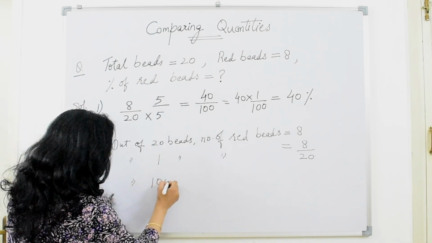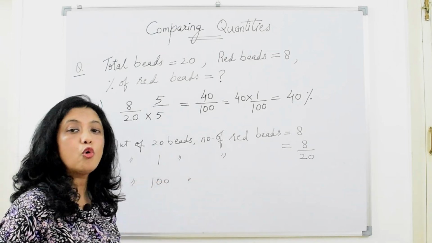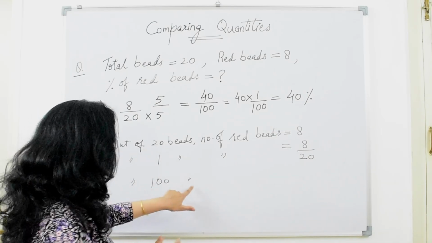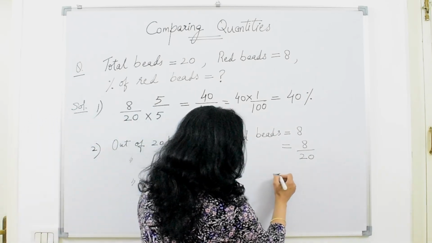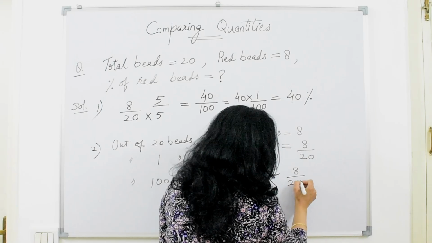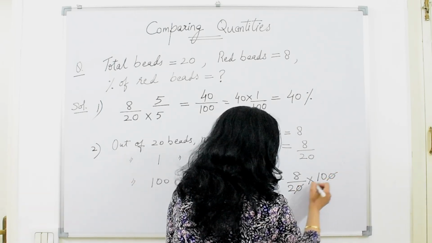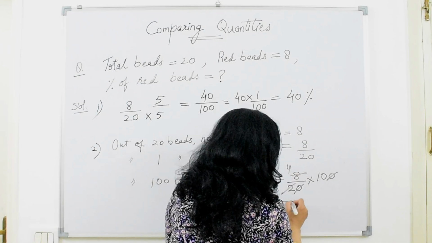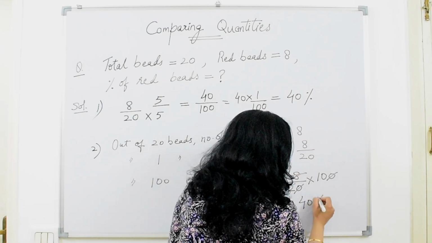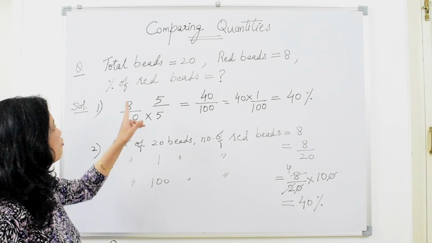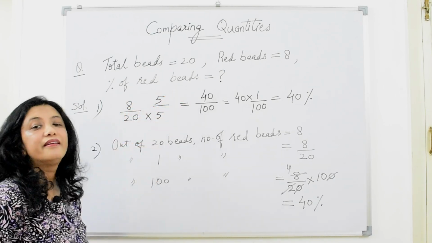Out of 100 beads, because percentage is always out of 100, so we will find out of 100. Out of 100 beads, number of red beads will be 8 by 20 multiplied by 100. We solve this and we get 40%. So 40% of beads are red beads.